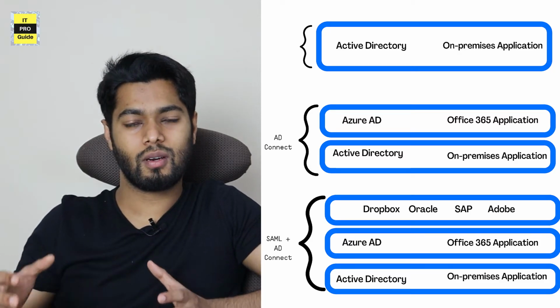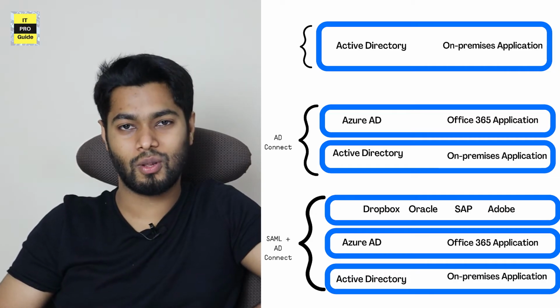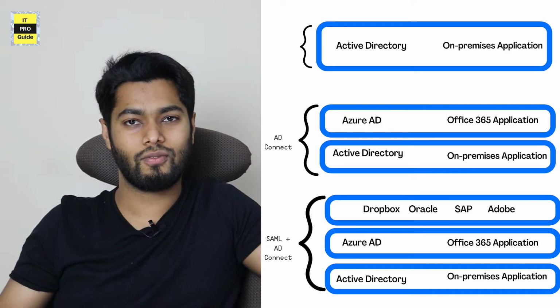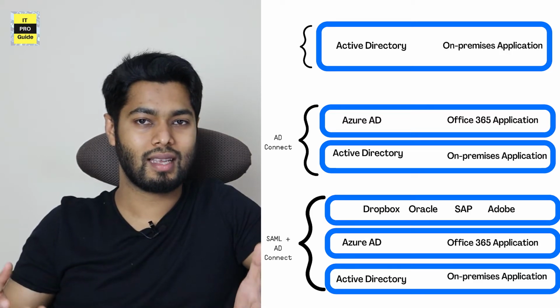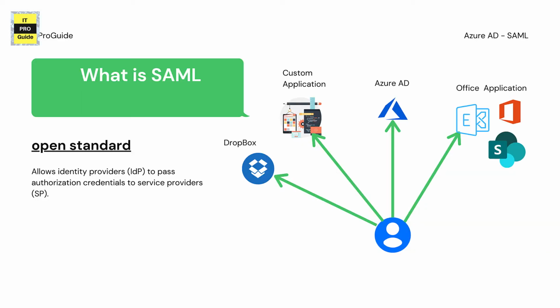Once you have a third-party application, Azure AD Connect is no longer enough to have single sign-on in your organization. Then you have to think about something else. As these vendors are different, you need to use something standard. There comes the importance of SAML. So let's begin to understand SAML.